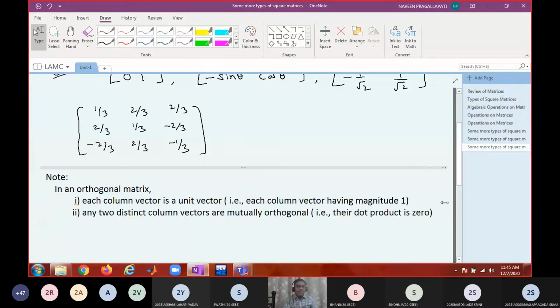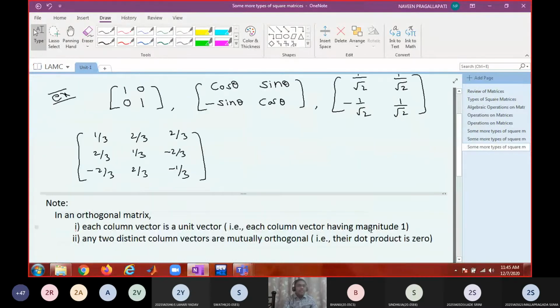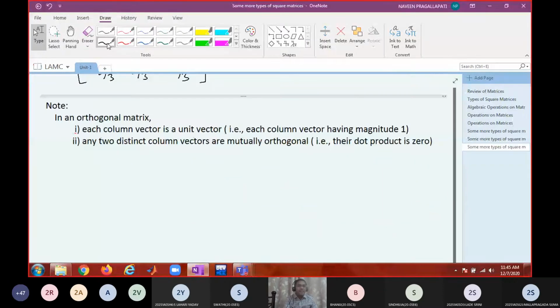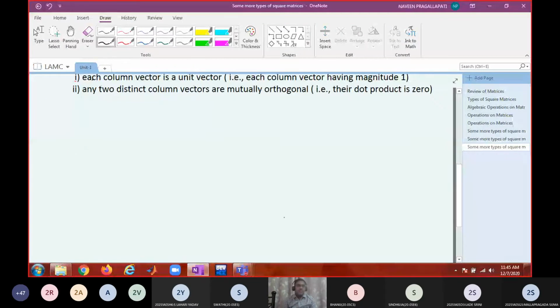Right. So next definition similar to this. What could be? Do you remember? After orthogonal, we have, anyone?